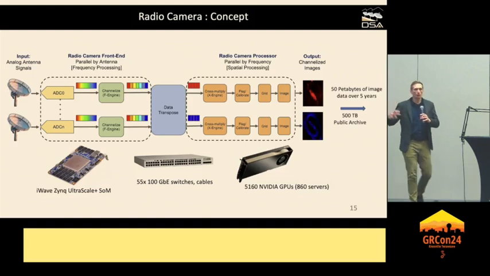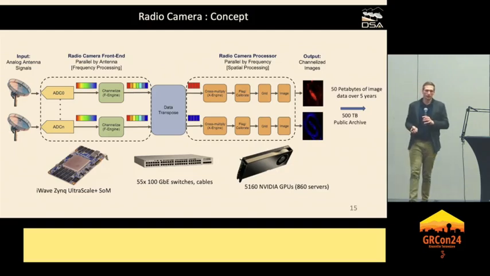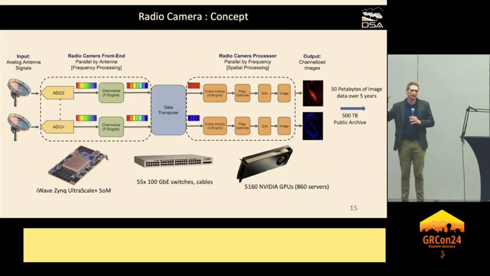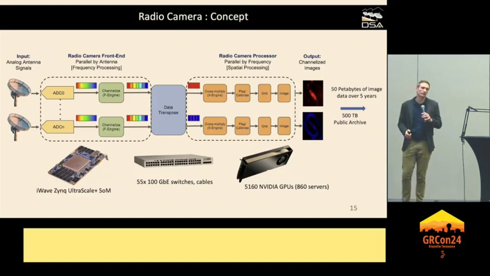The central core of this radio camera is this: how does a radio camera work? So we have a front end. The front end is, again, completely commercial, off the shelf. It is an RF system on module that includes ADCs.